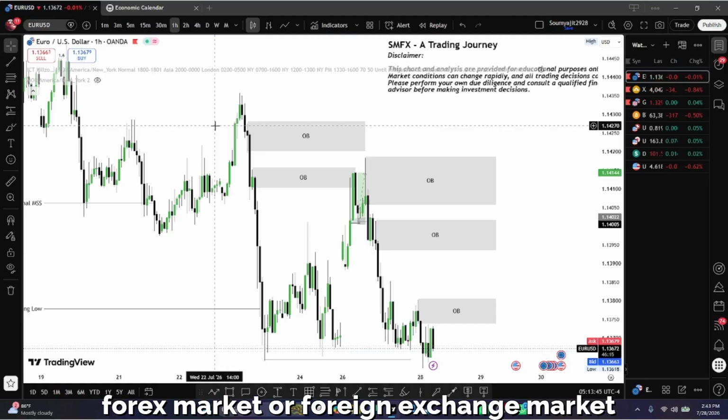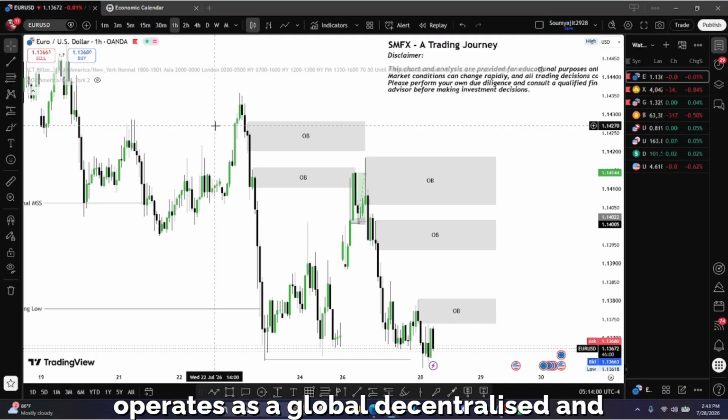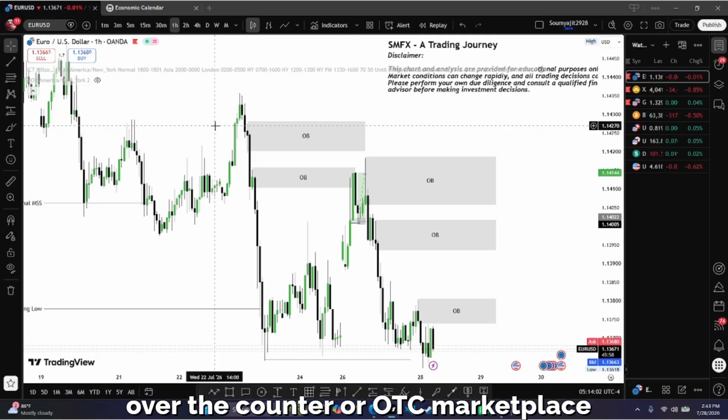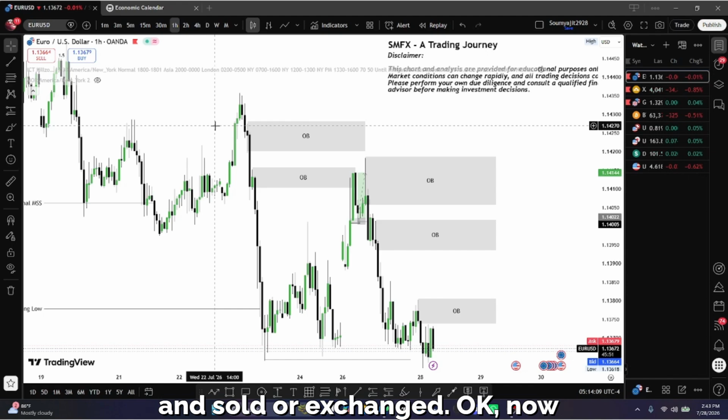The forex market, or foreign exchange market, is the largest and most liquid financial market in the world, with over 6 to 7 trillion dollars traded every day. It operates as a global, decentralized, over-the-counter or OTC marketplace where international currencies are bought, sold, or exchanged.